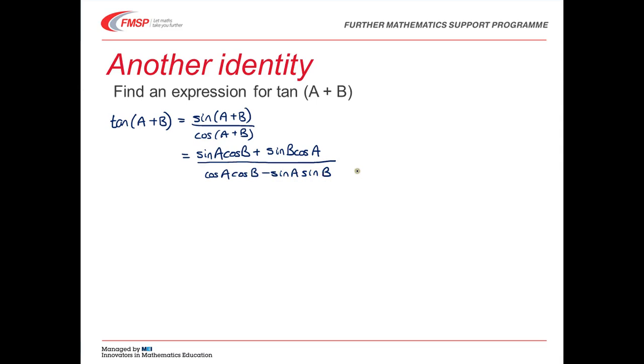Now, it may not be obvious what we can do to make this nicer. This is a little bit of a trick. Somebody thought, oh, what happens if you do this, and found that it all falls out rather nicely.